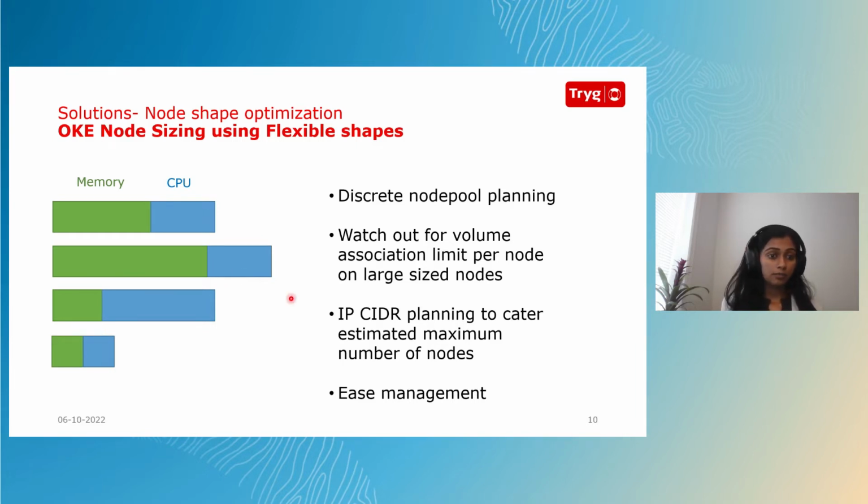The other extreme is where I say, okay, I'll have a very small node with a minimalistic amount of memory and CPU assigned to it, and as and when the number of pods increases, we would have more nodes. But again, if the number of nodes increases to an extent that you have exhausted all the IPs in your IP pool, then that again is a problem. So we have to make sure we choose the right shape of the VM and we have enough IPs to cater to all the worker nodes in the cluster.